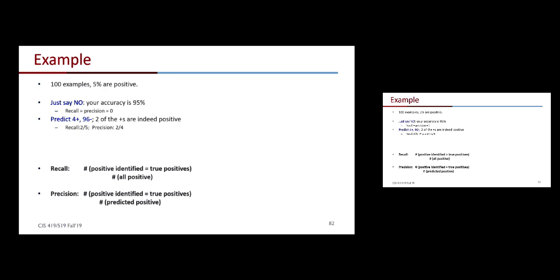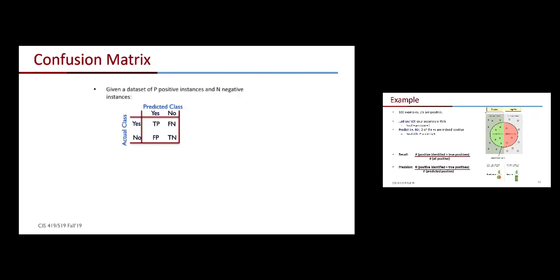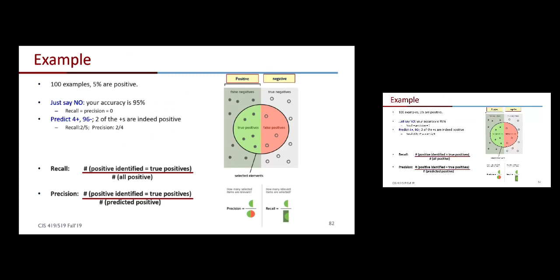My precision is 2 out of 4. I predicted that 4 are positive, 2 of them are correct. So what I have here is 40% and 50%, which is probably better than 0 and 0 recall and precision.